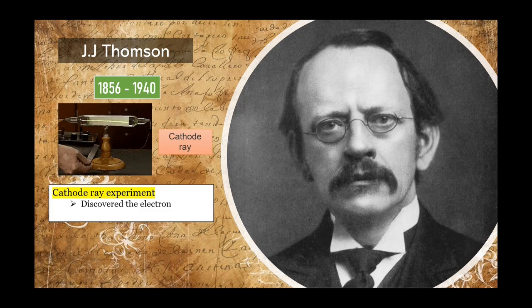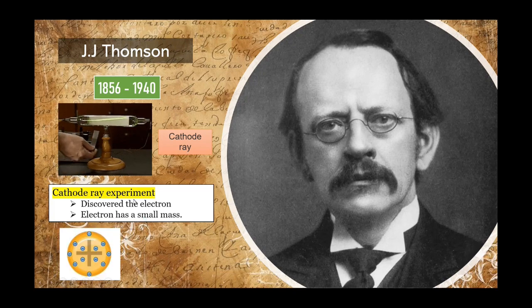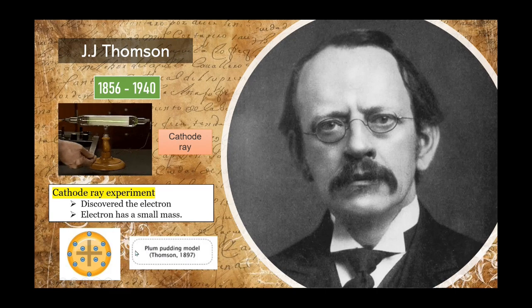However, he also formulated an equation to know the mass of the electron, and this mass is small. Okay, so it has a small mass, and therefore he concluded that the electron is scattered throughout an atom. So they don't have the concept of positive charge yet.